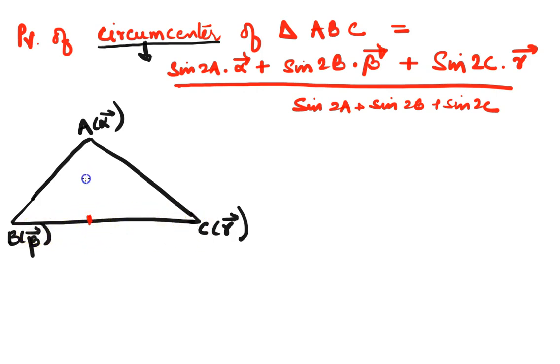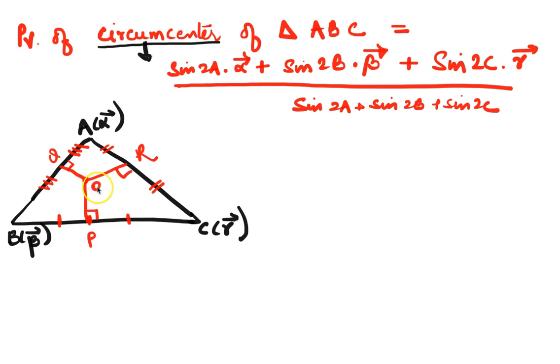So if I draw a perpendicular bisector such that BP is equal to CP, CR is equal to AR, and AQ is equal to QB, the perpendicular bisectors will meet at a point, which is the circumcenter of the triangle, one single point. So the circumcenter is concurrent.